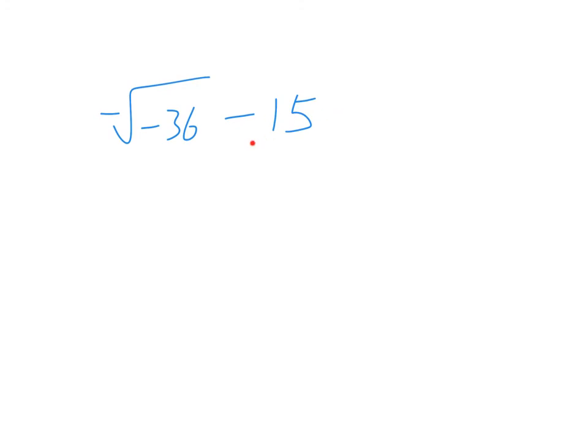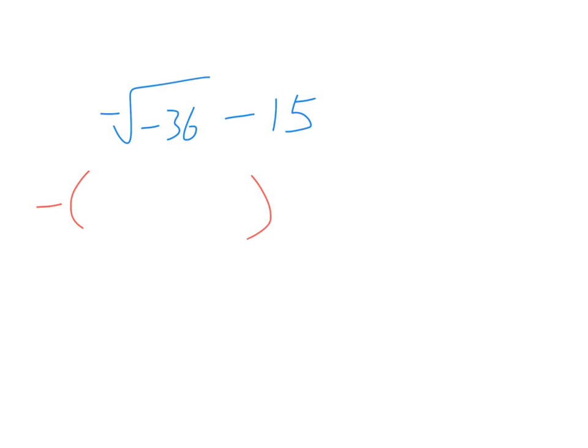So we have a real number over here, that's fine. And we don't need to do anything with that really, but this is obviously imaginary, so we need to try and write it out in a way that looks more like the a plus bi standard notation. So our minus 36, if we break it up, let's just put a bracket around it first of all.